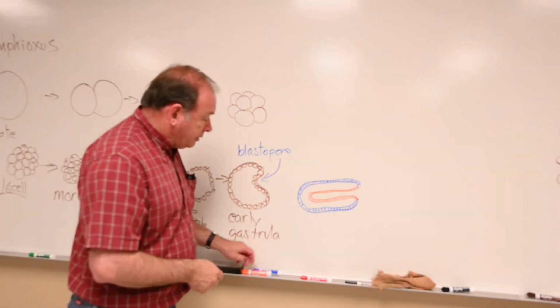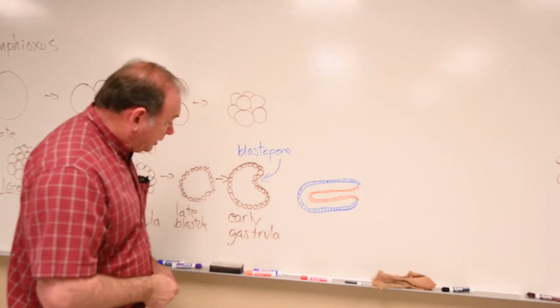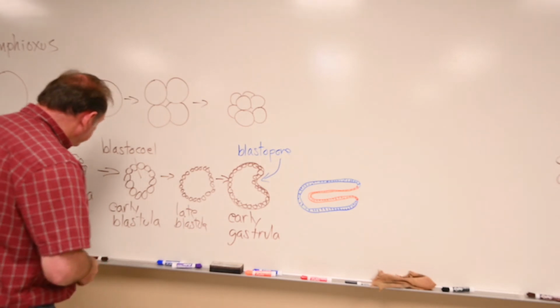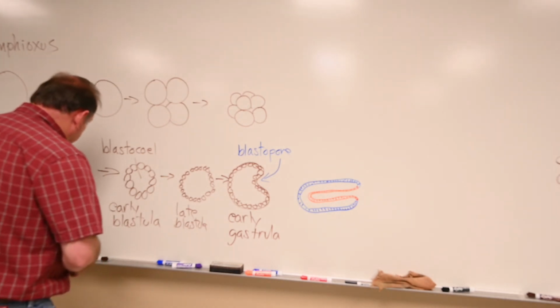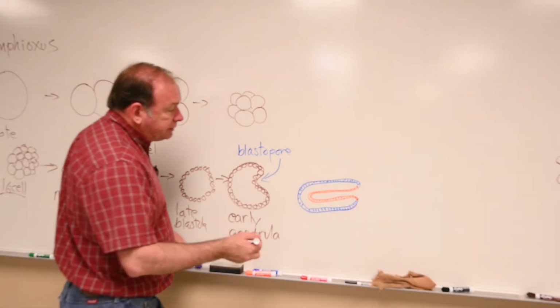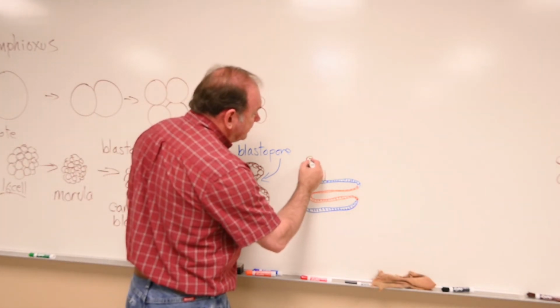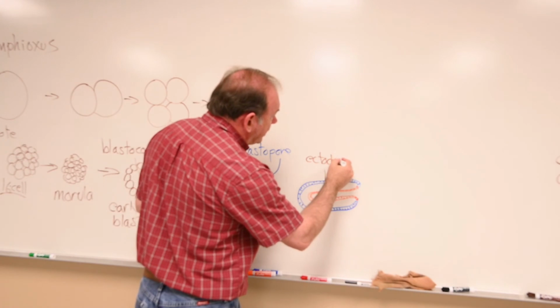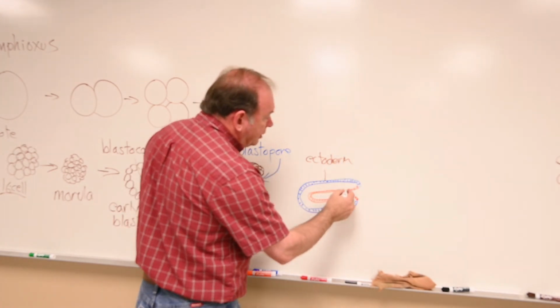Lining that is the endoderm in orange in the picture. Let's see, we need to label those things. Ectoderm and then endoderm.